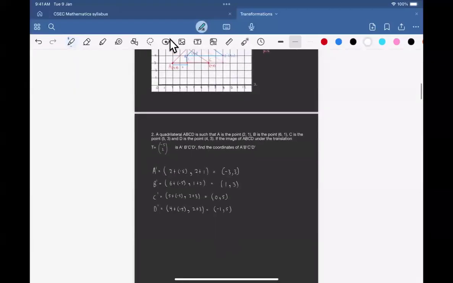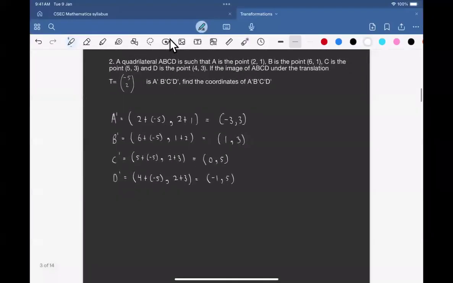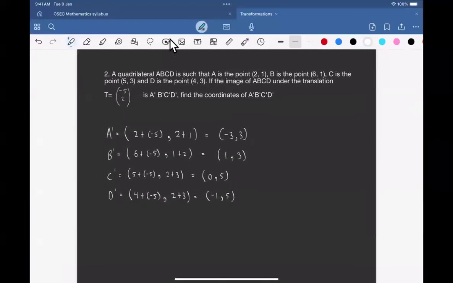Awesome. And that's my answer. We didn't have to do a single sketch there. Let me write a finishing statement here.